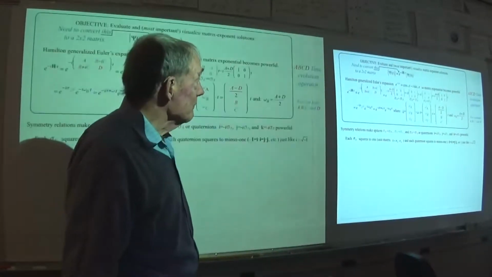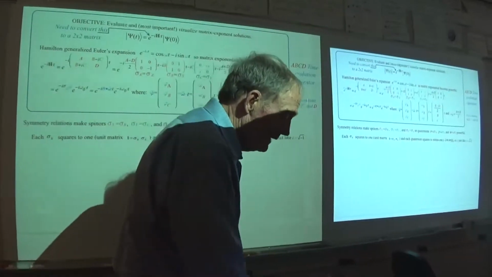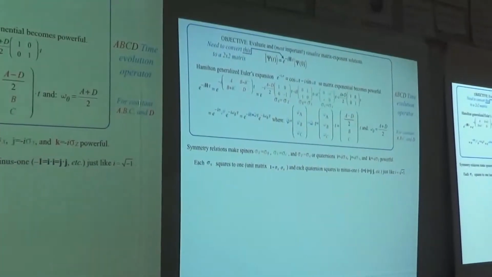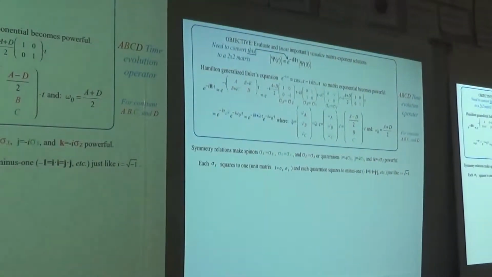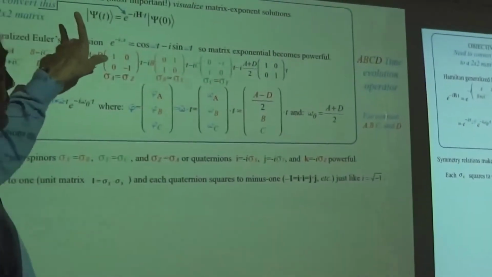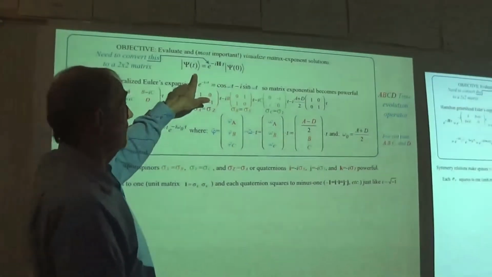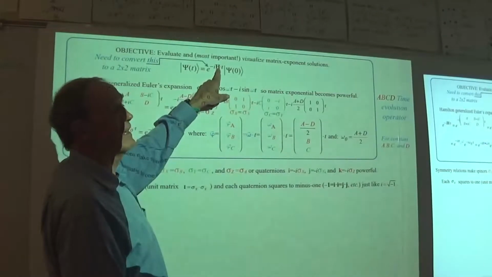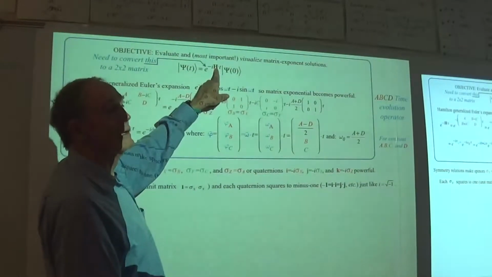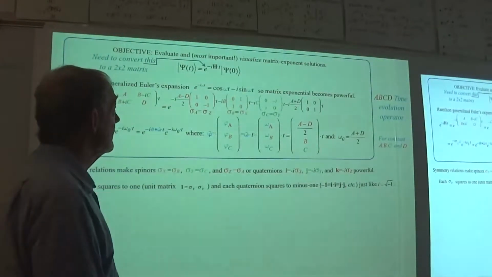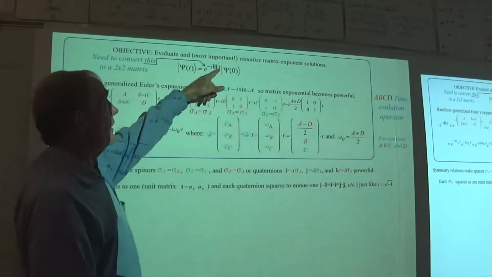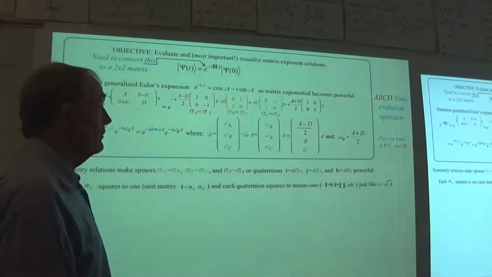And I might as well get to the bottom line of this right now. Our objective is to evaluate the solution to the Schrodinger equation. And that's the solution, except that I've got to know how to take an exponential of the Hamiltonian. So what we need to do is convert this exponential to a 2-by-2 matrix.